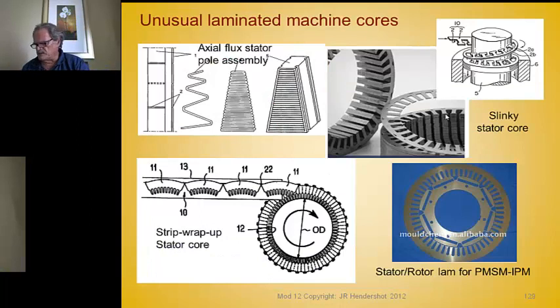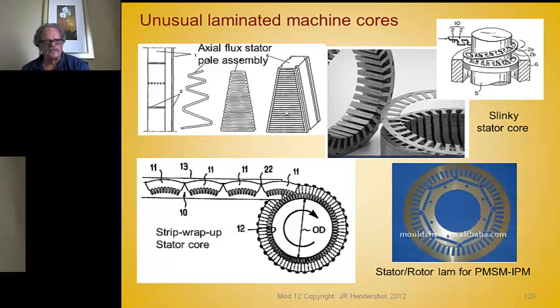Here's some other ways to make cores. This is that slinky method. You see an example of how the slinky method is made. And for axial flux machines, you could make some pretty weird parts like this. This is pretty clever. You could build an automatic machine to fold this like ribbon candy and make an axial machine.